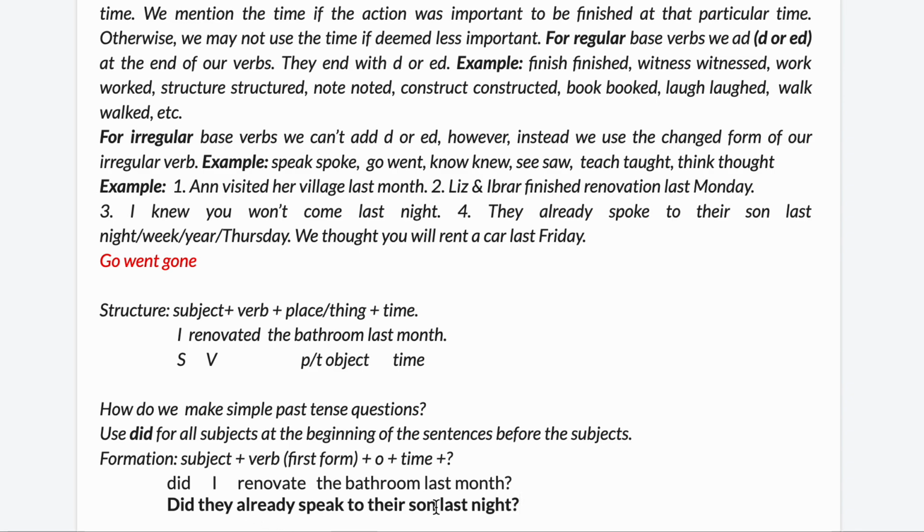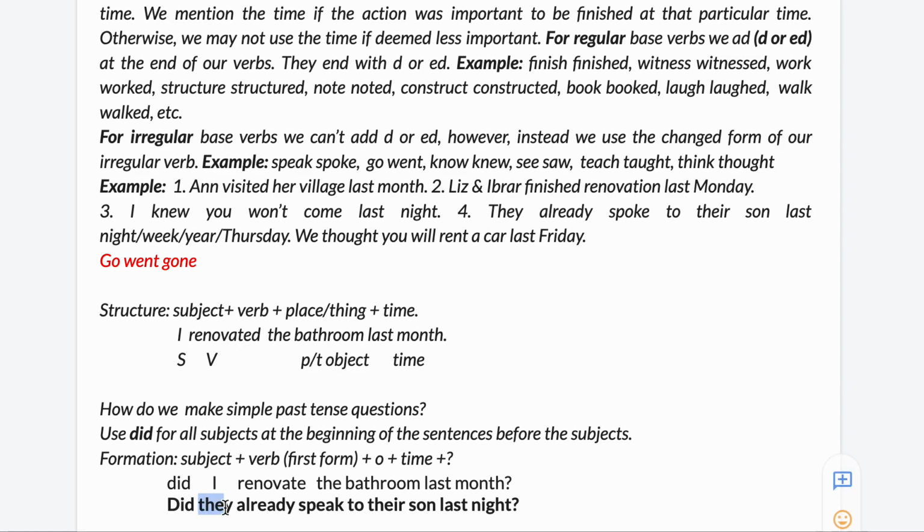So the question mark here. So this is the question for this one. They already spoke to their son last night. This is the second form of the verb, and we have a full stop, a period here. So when we make a question, we put did in front of our subject.